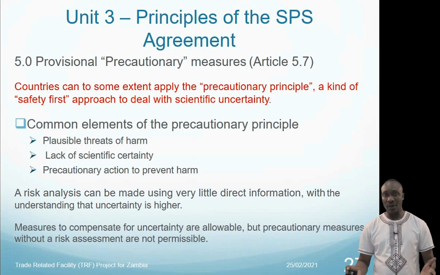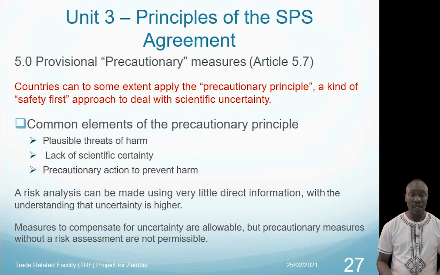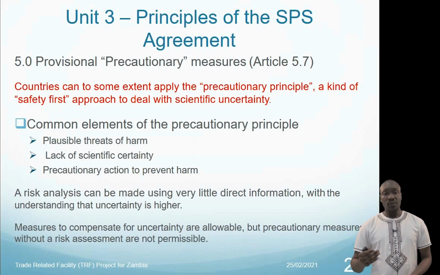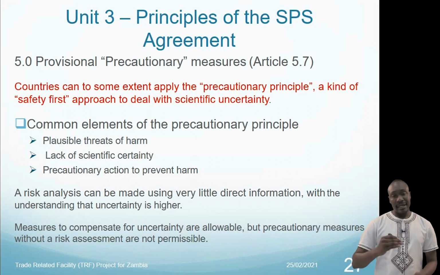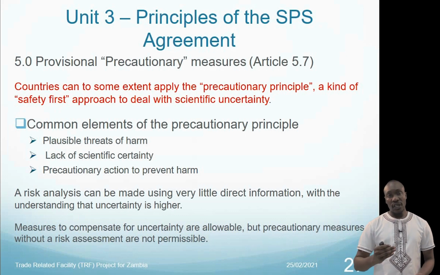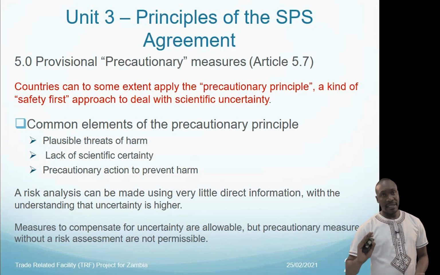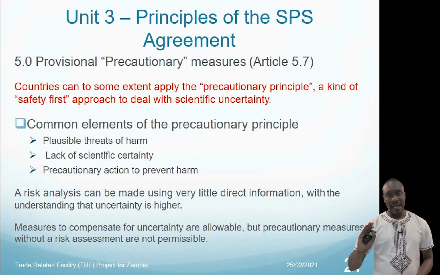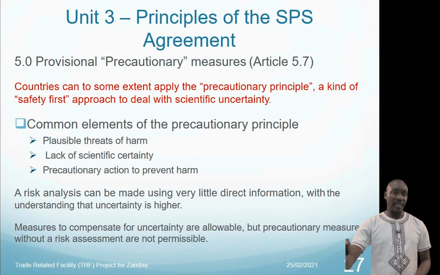It's a huge uncertainty, or the certainty is low, or maybe not even there. And finally, that these actions are only based on the ideal of just trying to prevent the harm.